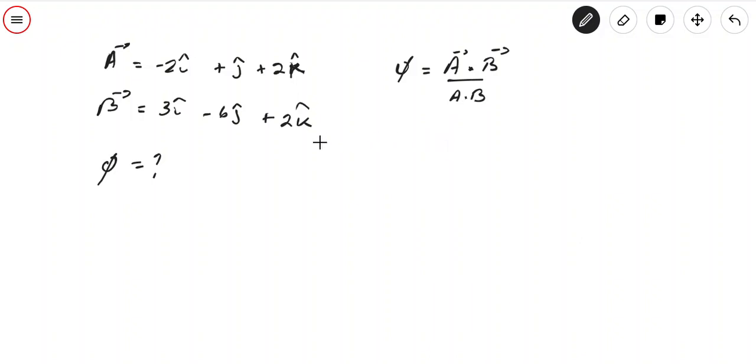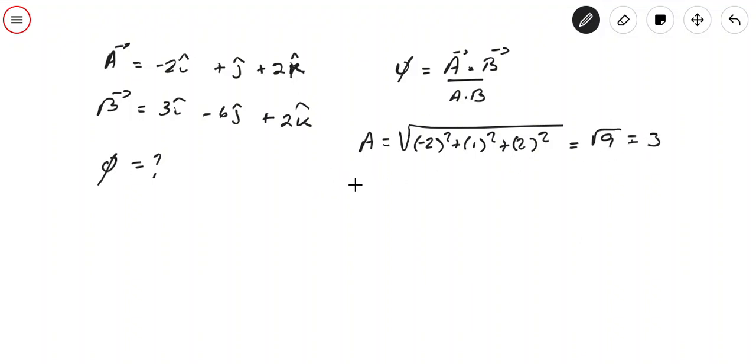So the first step will be to find the magnitude of the vector A. That would be negative 2 squared plus 1 squared plus 2 squared. So this would be the square root of 9, which is 3.